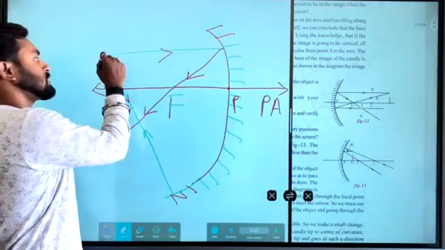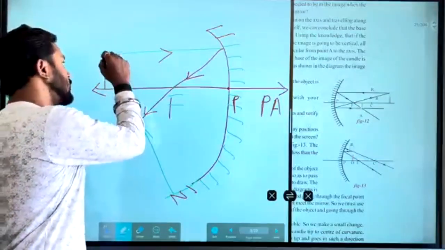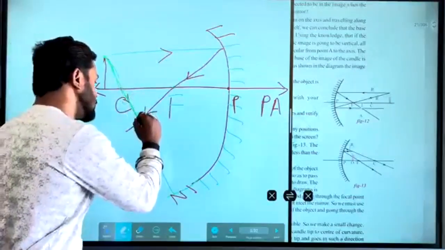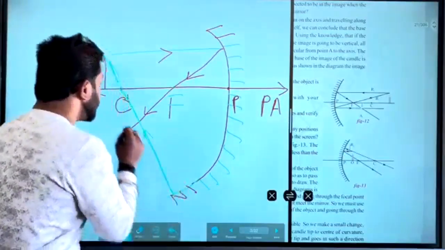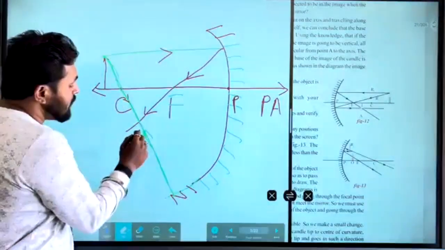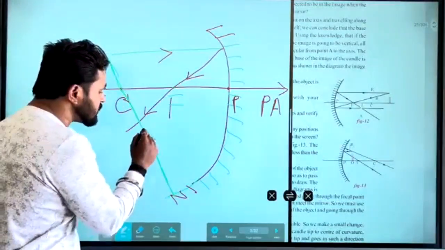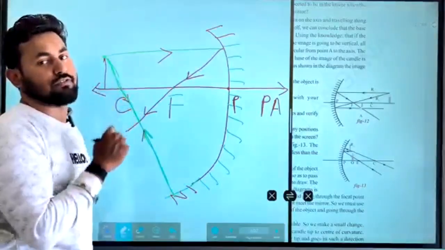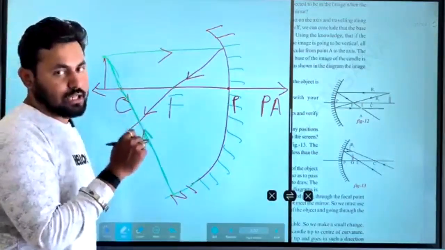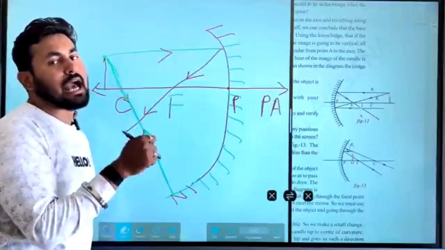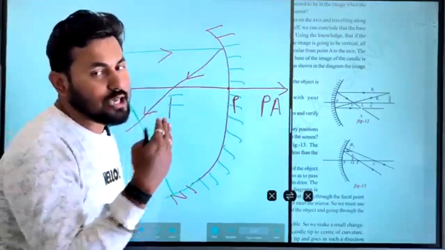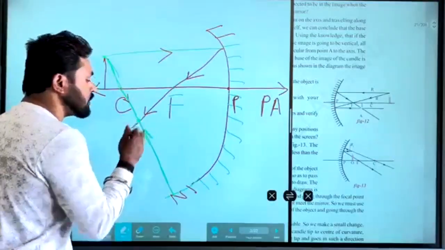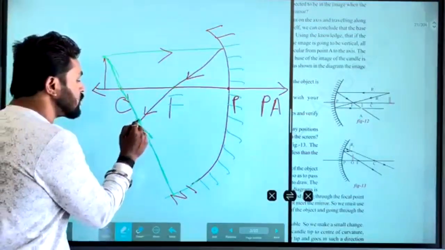This is the top of the object, this is the center of curvature, and the ray is passing through center of curvature. After passing through center of curvature, it is retracing its path, which means the line is repeating itself, which means that the incident ray and the reflected ray are going on the same line. Now you have the intersection point over here, you have the junction over here, as I said.